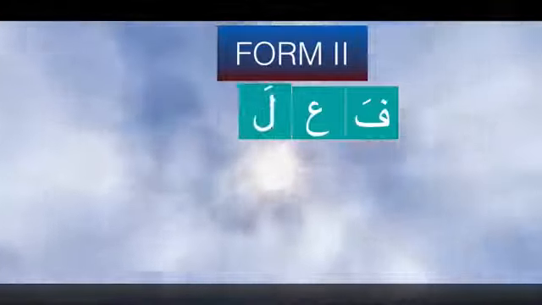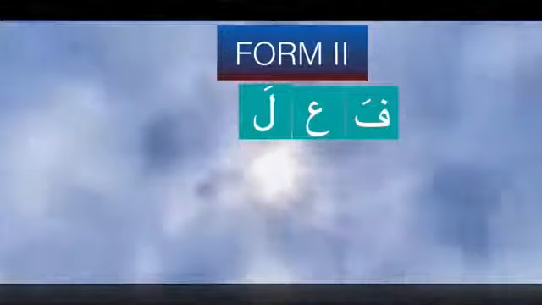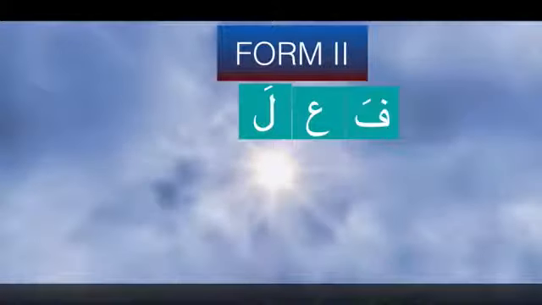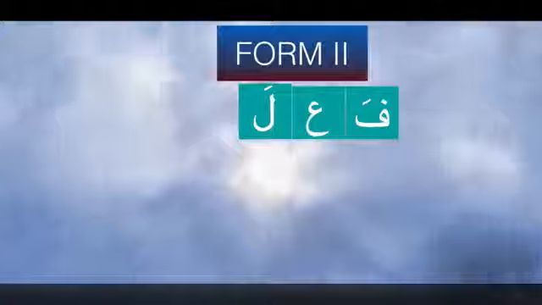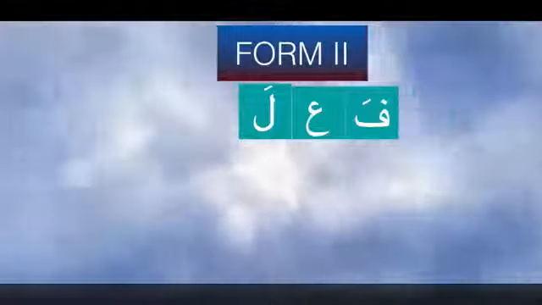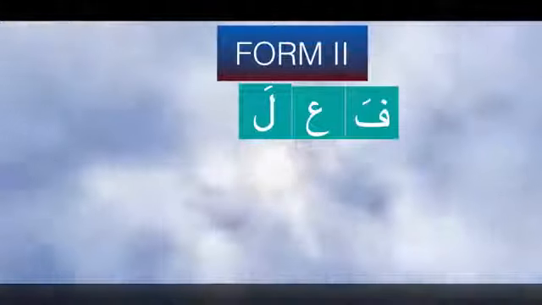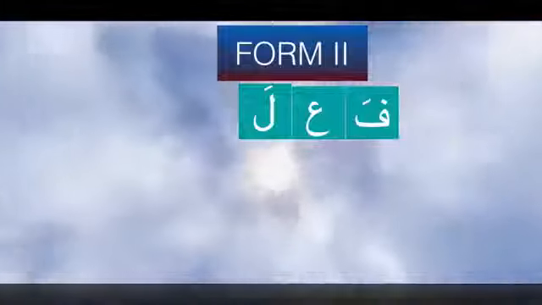All these forms are formed from the base letters, which are fa, ain and lam. So fa kalima, ain kalima and lam kalima. As we know, in form 1 there are 6 babs, but in Mazid, or in forms 2 to 10, there is only one. There is no bab nasara, bab sami'a, bab daraba, bab fataha.